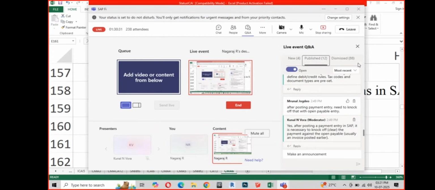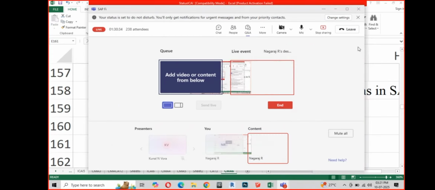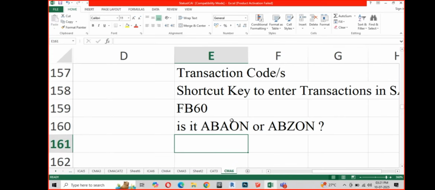So I hope things are getting clearer. Though the coverage is increasing, I can also tell you that things are getting interesting. Lot many more things that you wanted to understand from SAP, right? Now, somebody asked me to explain accounts payable.